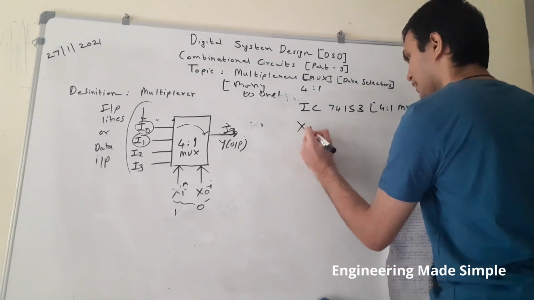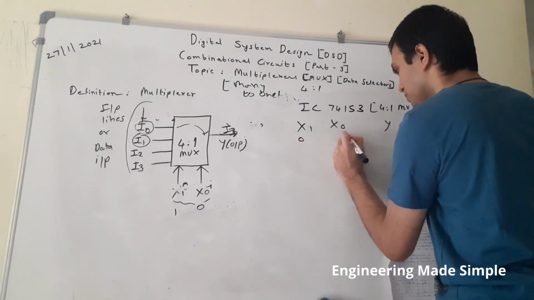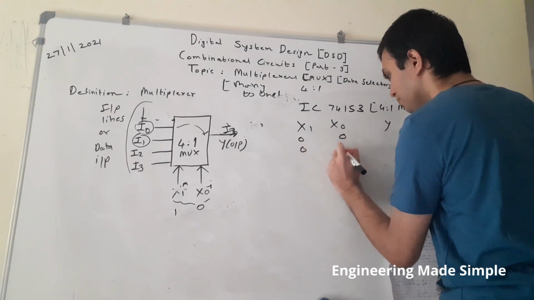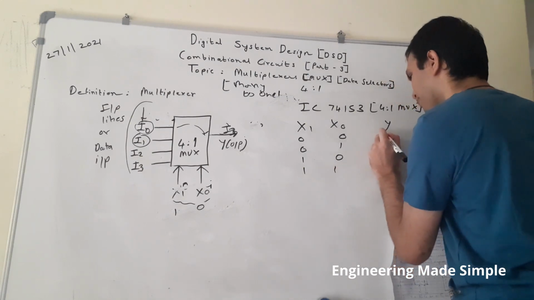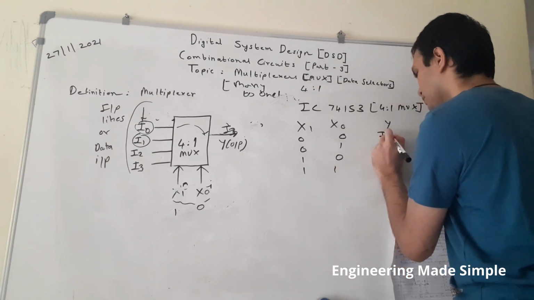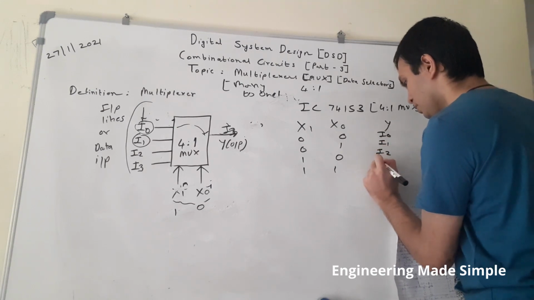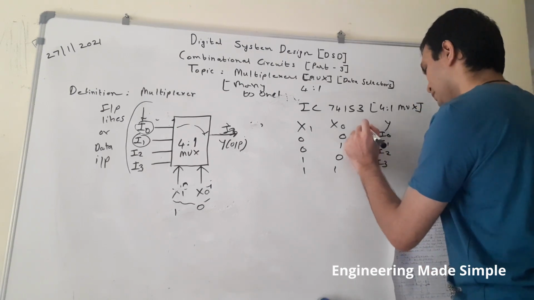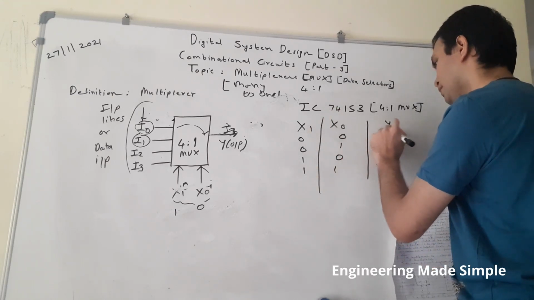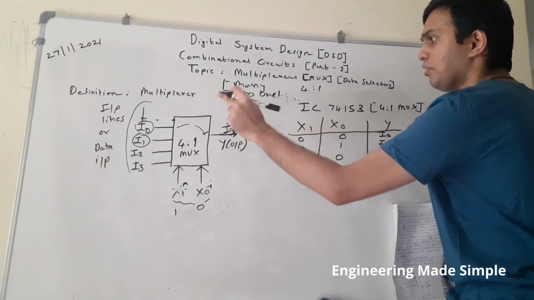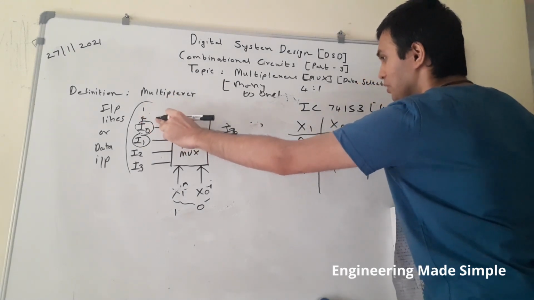So this time I will write it: 0 0, 0 1, 1 0, 1 1, with outputs I0, I1, I2, I3. Now this is the truth table which I am writing for when the circuit is without enable input.